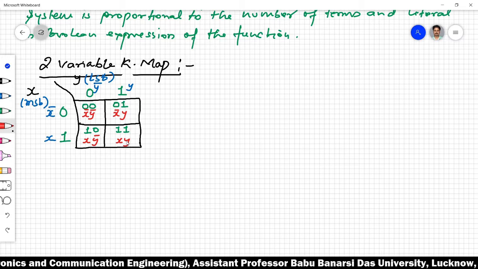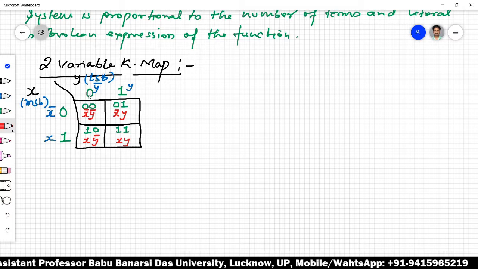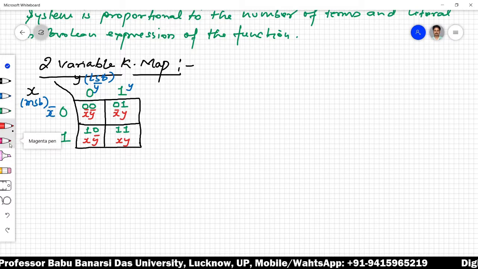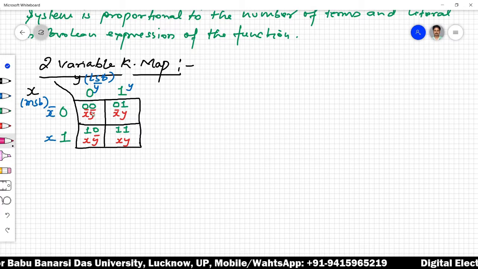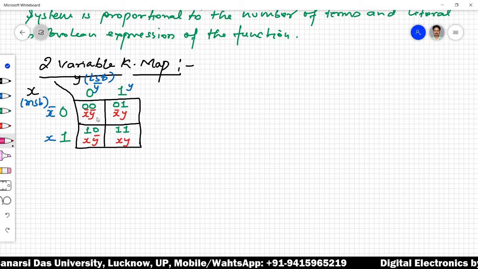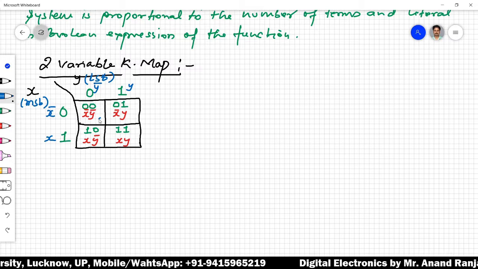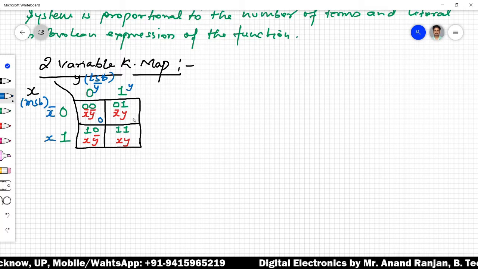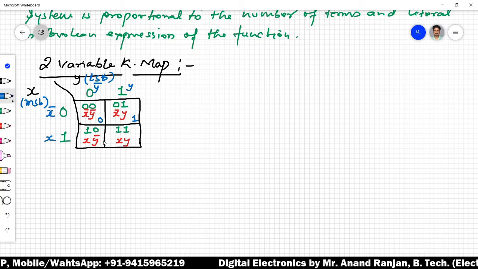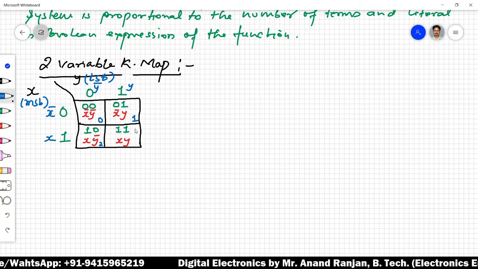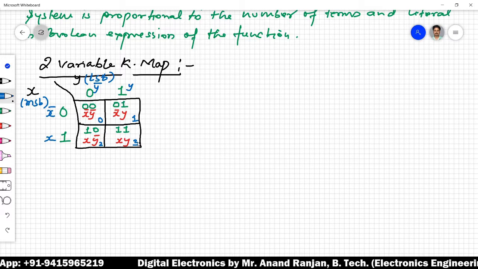Sometimes in this Karnaugh map, at the corner we also write the decimal equivalent of the input combination. For example, we have this 0 0 input combination, so the decimal equivalent of this value we write at the corner. We mention here this is equivalent to 0, this is equivalent to 1, this is equivalent to 2, and this is equivalent to 3.